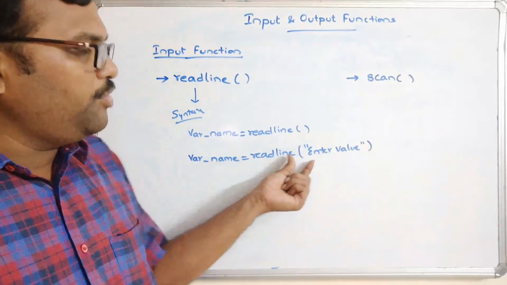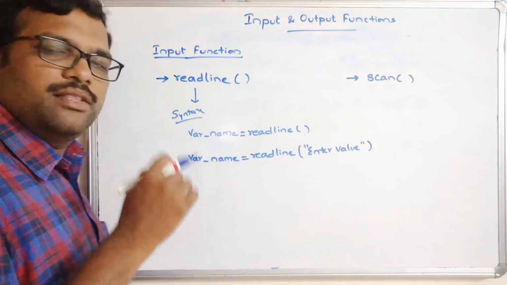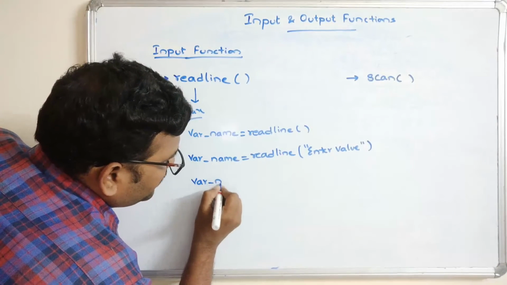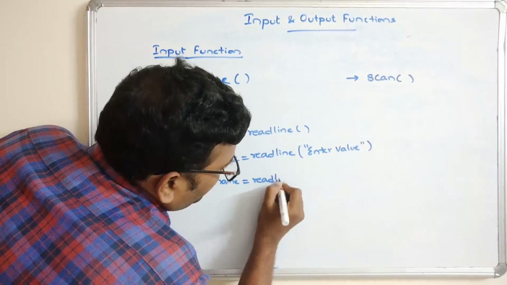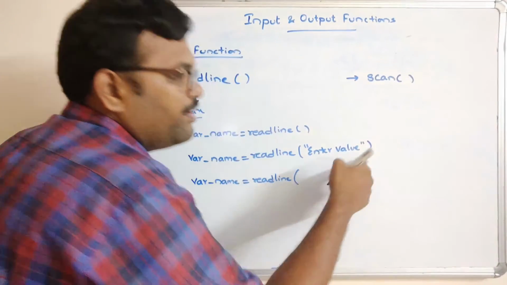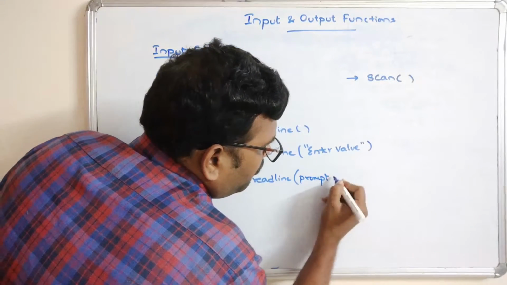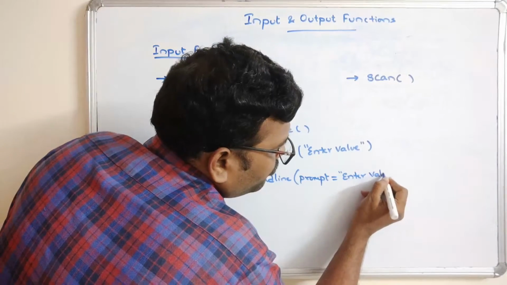I'll execute all these cases in our RStudio, don't worry. I'm just showing the syntaxes now. And one more way we can represent it is variable name is equal to readline, and instead of giving the string directly we can use an attribute called prompt. Prompt is equal to enter value.